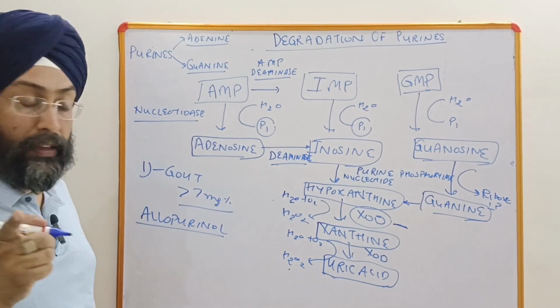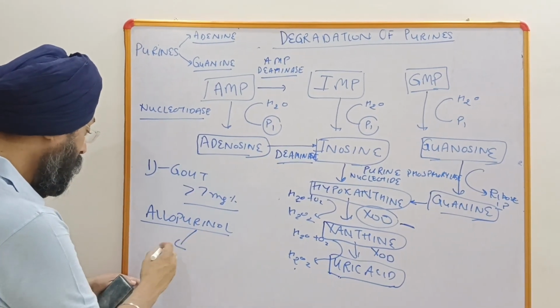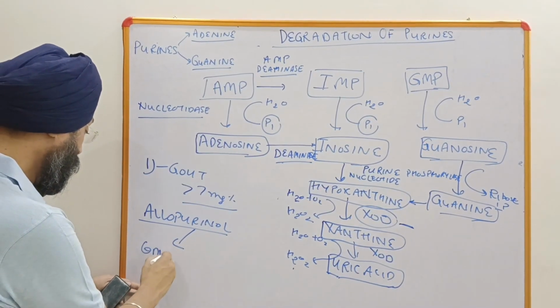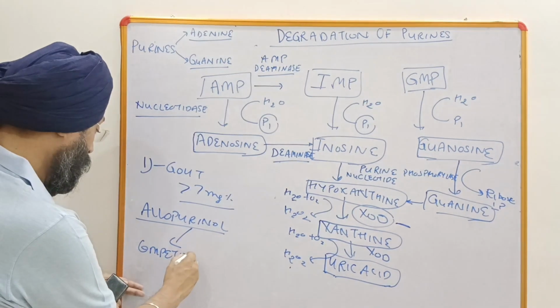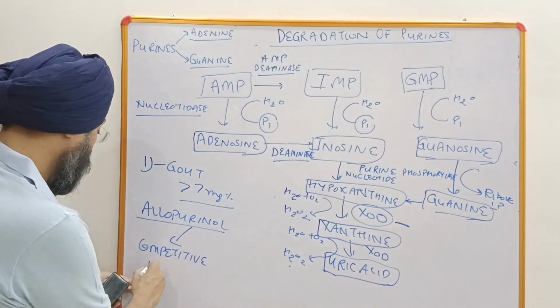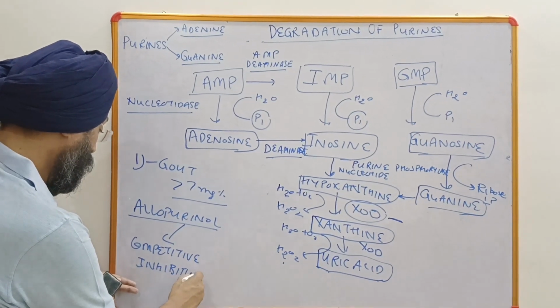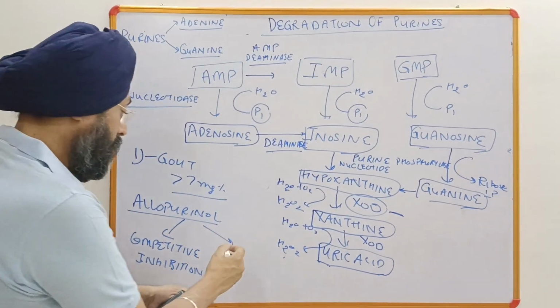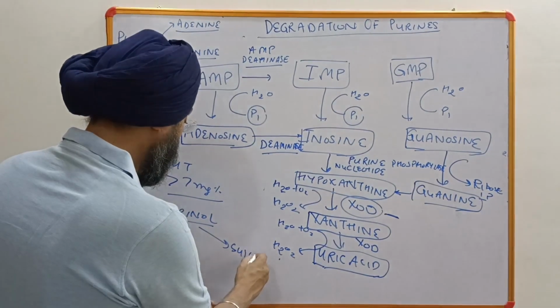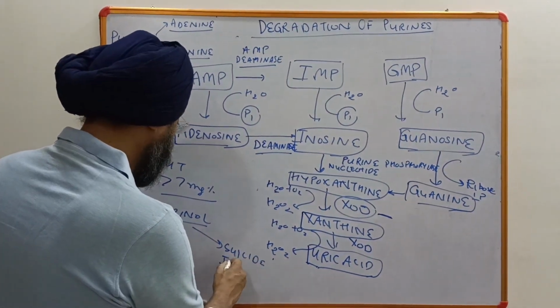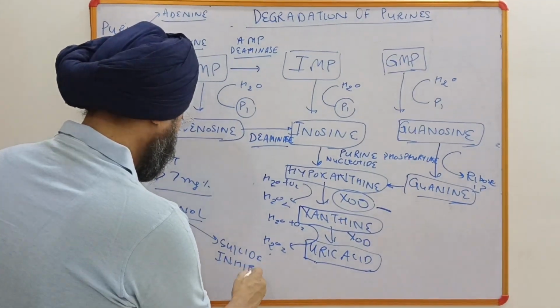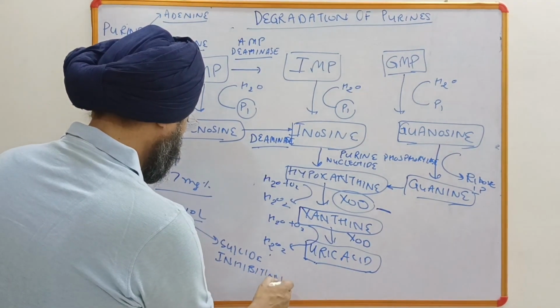It has two mechanisms of action. One is by competitive inhibition, and second is by suicide inhibition, right?